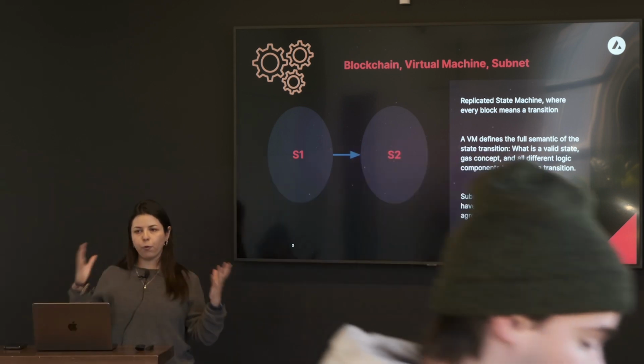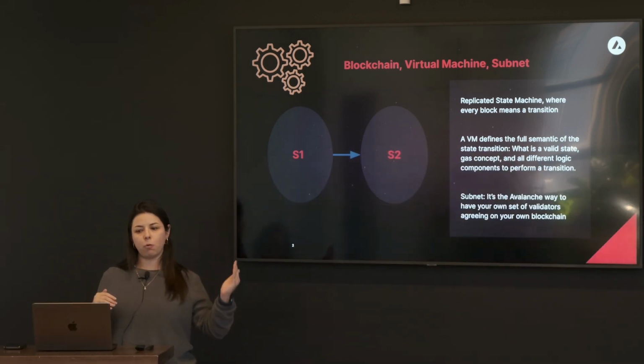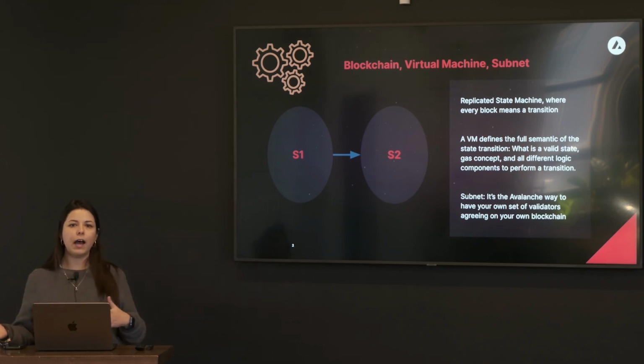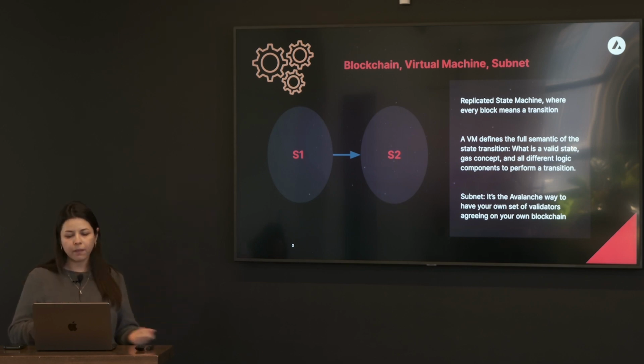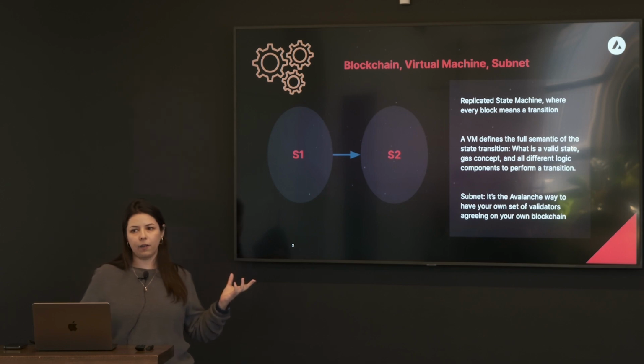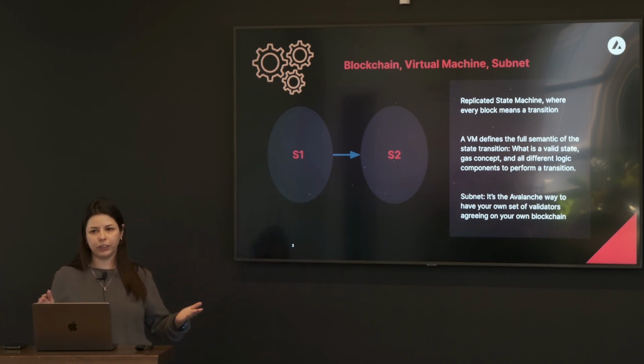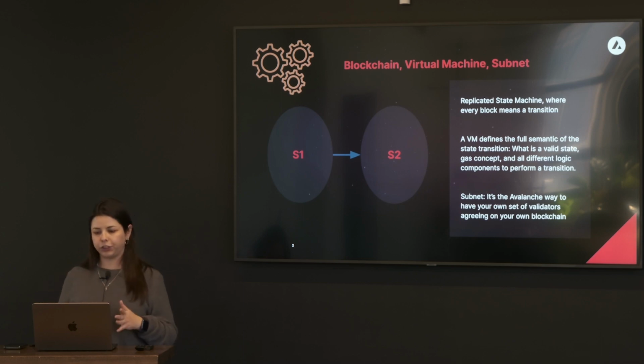It has the full logic on how you can go from state 1 to state 2. And a subnet is the Avalanche way to have your own set of validators agreeing on your own blockchain. What we will be doing right now is actually modifying the logic on how the virtual machine handles these state transitions.